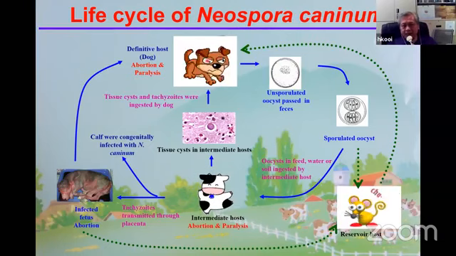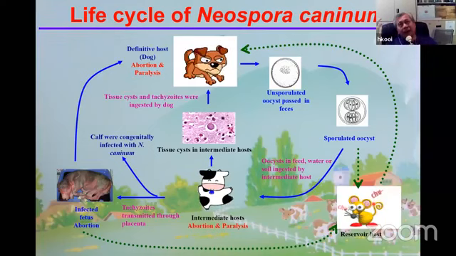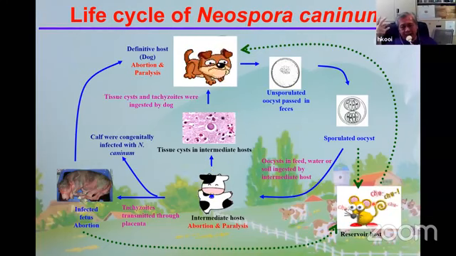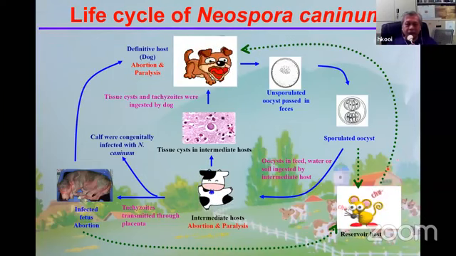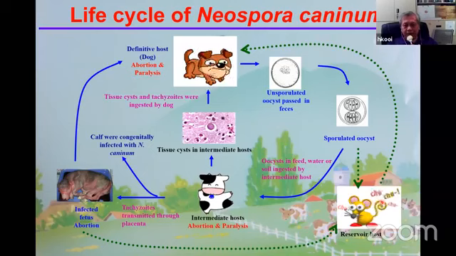So for this life cycle of Neospora, this is my contribution. I took the rat, isolated the Neospora, and showed that Neospora exists in the rat's brain using biochemical techniques, immunological techniques, and molecular biological techniques.